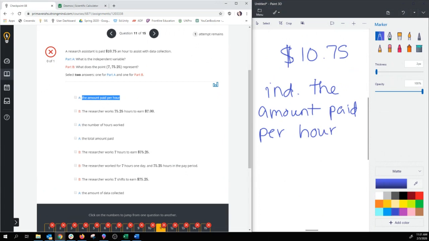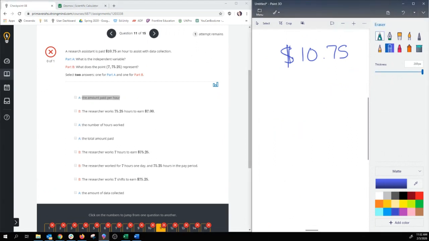Wait, let me double check that. Sometimes when I do these, my brain thinks about it backwards. Yeah, okay. I was thinking about it backwards. So let's see, dependent, independent. Okay.